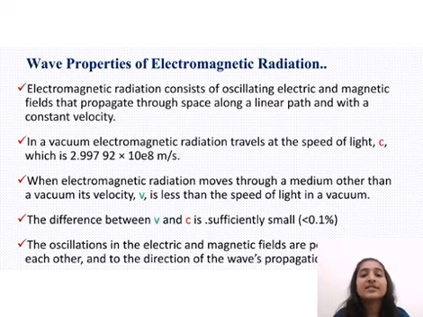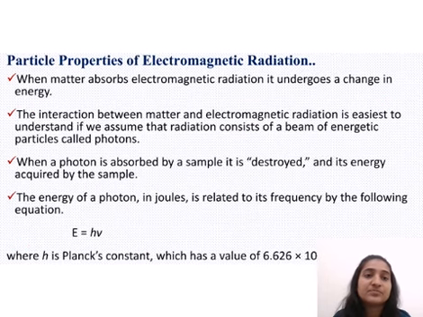When electromagnetic radiation moves through a medium other than a vacuum, its velocity v is less than the speed of light in a vacuum. The difference between v and c is sufficiently small, that is less than 0.1%. The oscillations in the electric and magnetic fields are perpendicular to each other and to the direction of the wave propagation.